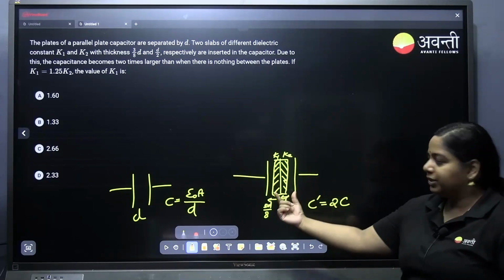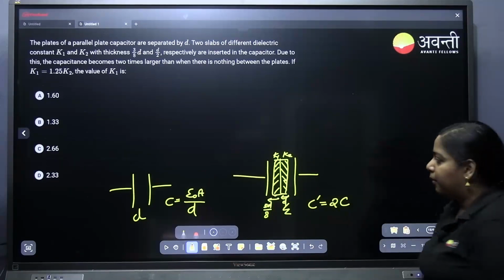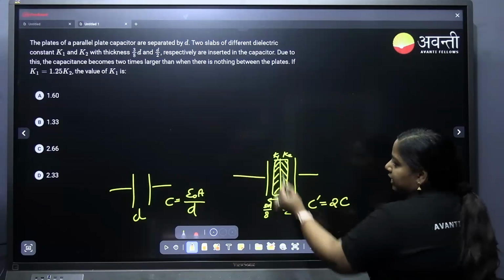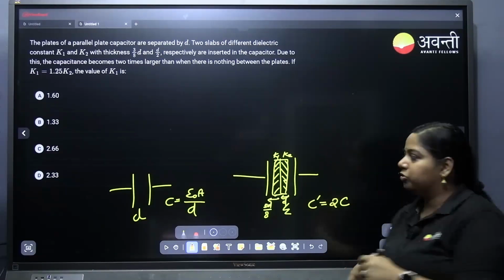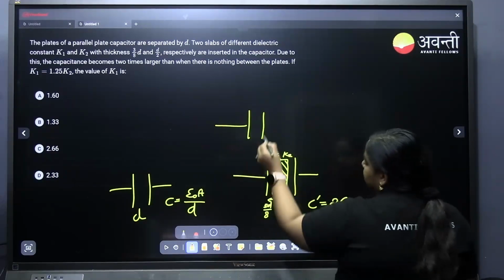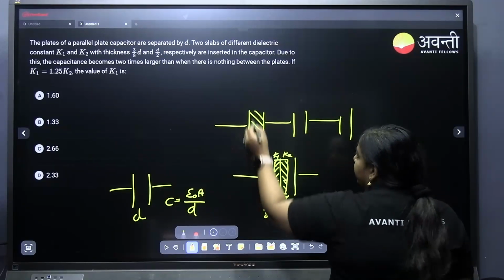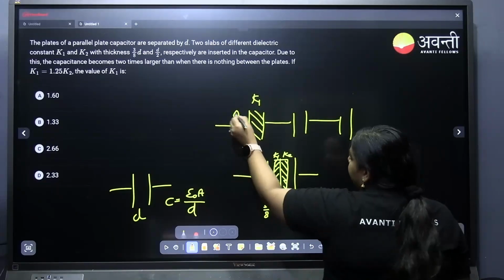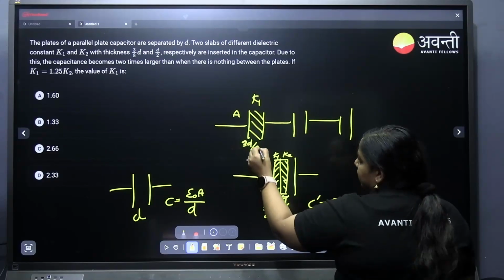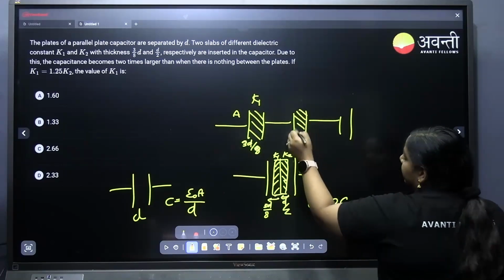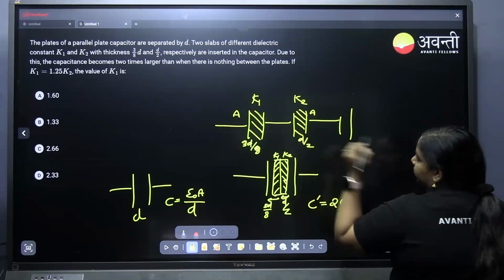As I told you, if this type is coming, we will split it as capacitors in series. But see, there is free space, K1, K2. 3 things are there. So we will split it into 3 capacitors connected in series. First one will have K1, area A, distance 3D by 8. Second one has K2, area A, distance D by 2.